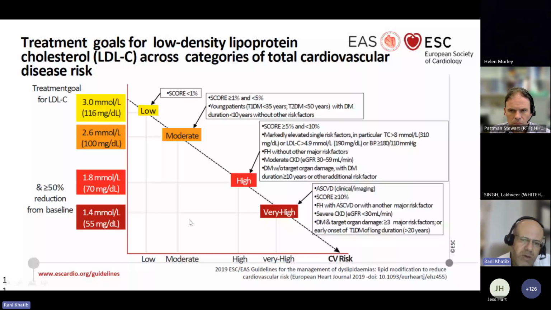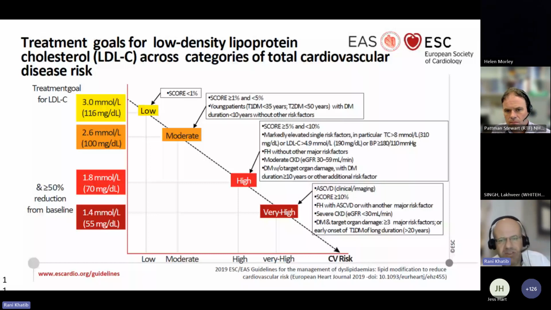To be honest, in the UK the low and moderate risk categories are not really there in most patients, because ESC defines a patient as high risk if their score is equivalent to a QRISK of 5 or above.